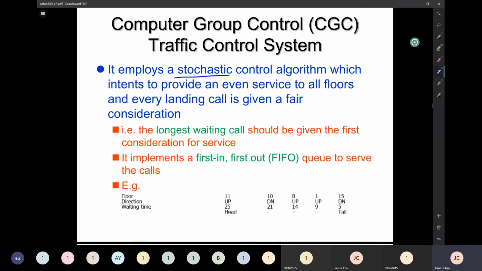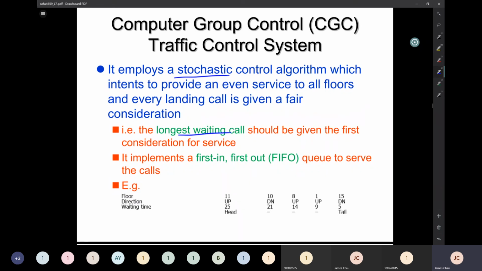Now, in this approach, the longest waiting call should be given first consideration of service because he or she has been waiting for a long time. Therefore, we need to give the highest priority to this long waiting call. And we can implement a first in, first out queue to serve the calls.